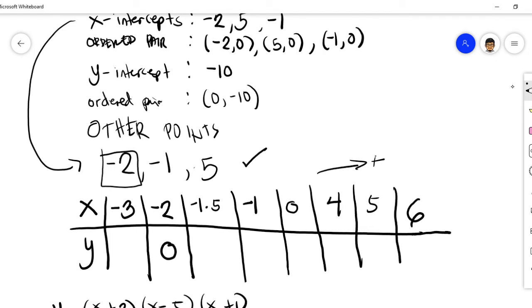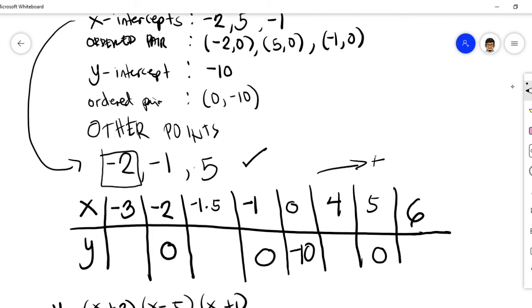When x is equal to negative 1, the y value is also 0. When x is equal to 5, the y value is also 0. Next, the y-intercept is negative 10. So, when x is equal to 0, y is equal to negative 10.